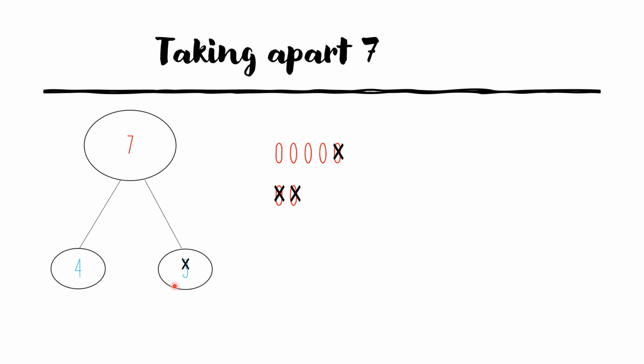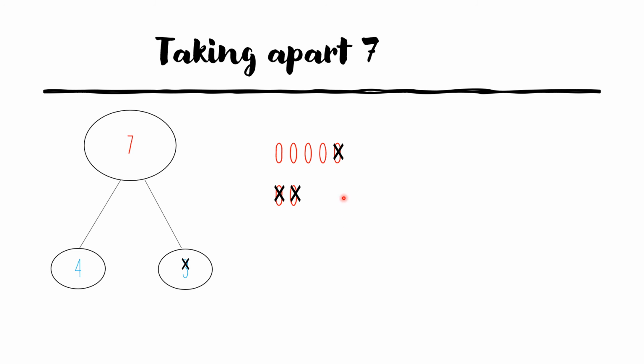When we crossed out 3 circles, how many circles did we have left that were not crossed out, kindergarten? Say it again. Say it louder. Oh, 4.